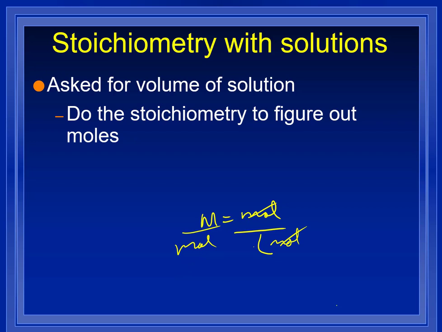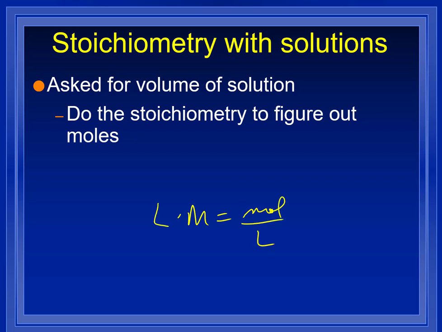Okay? So what you need to do really is first get the liters off the bottom, multiply both sides, right? And then divide both sides by molarity. And you end up with liters equals moles over molarity, which is exactly opposite of what you expect it to be.